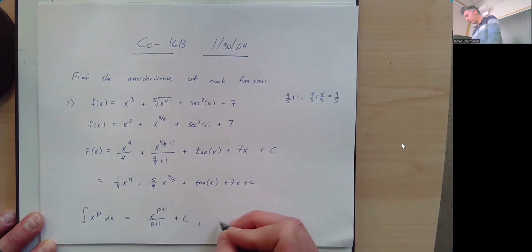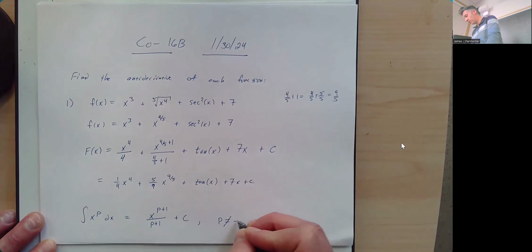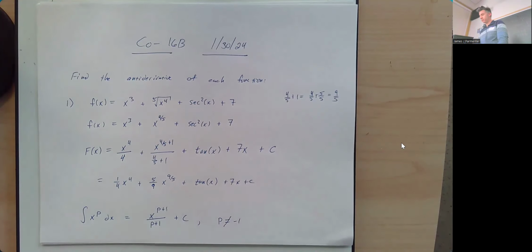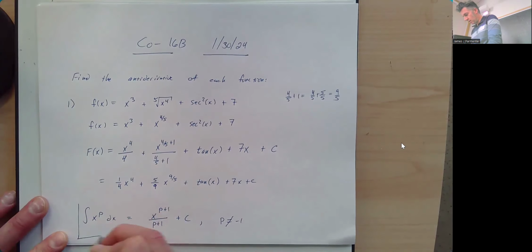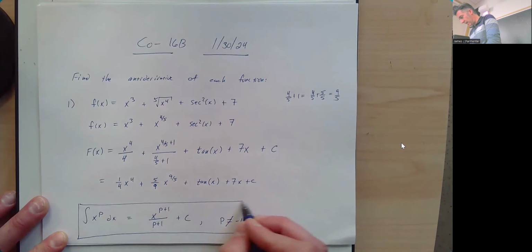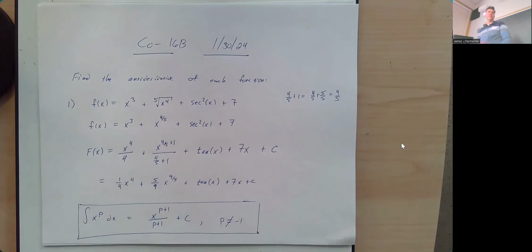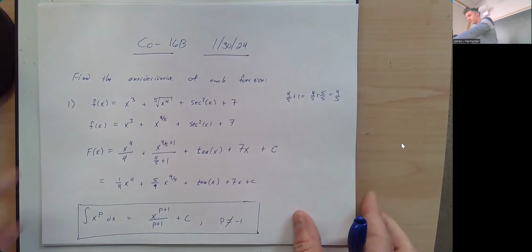And this is true as long as the power is not equal to -1. I usually call this the anti-power rule or the reverse power rule. Some people just call it the power rule, or the power rule for antiderivatives, but I think anti-power rule sounds more fun to say. Let's look at some more examples on this handout.